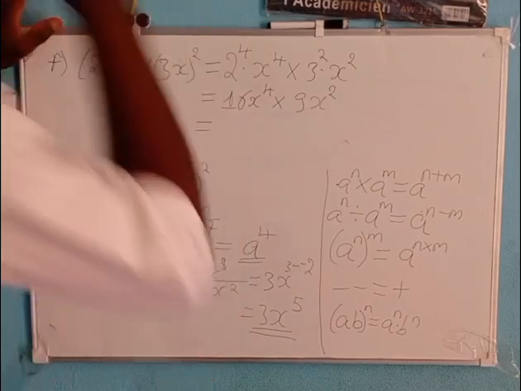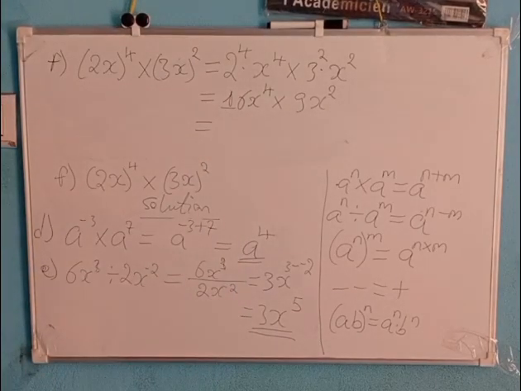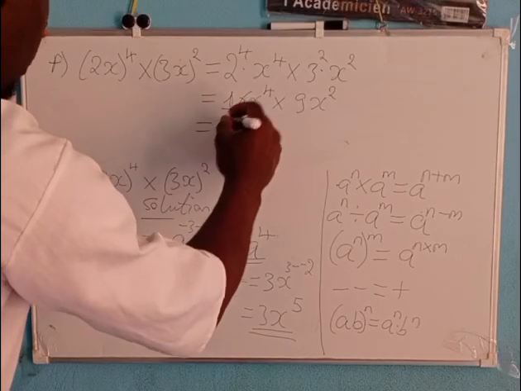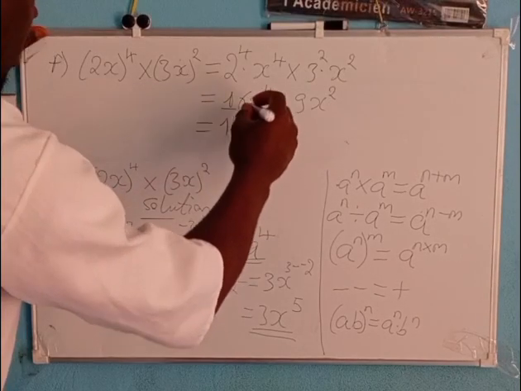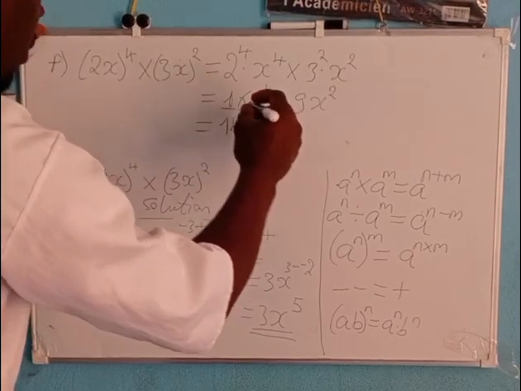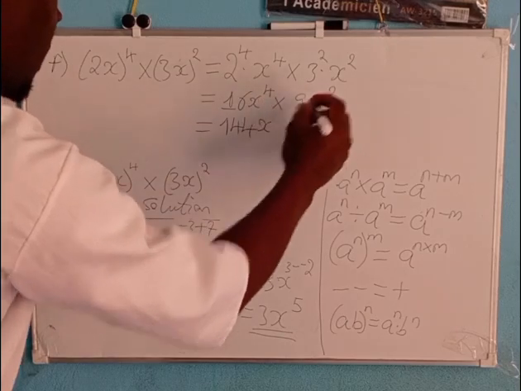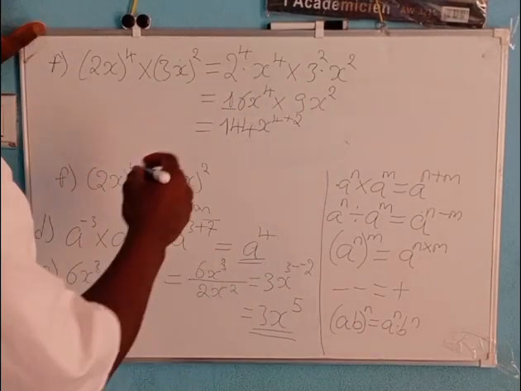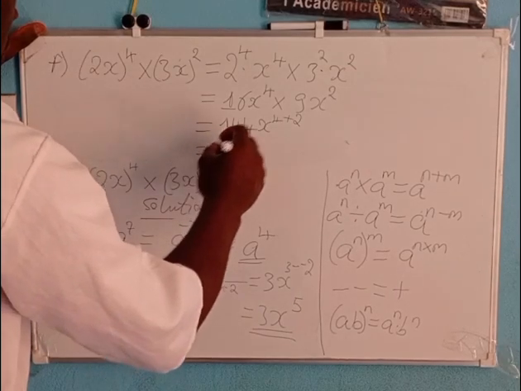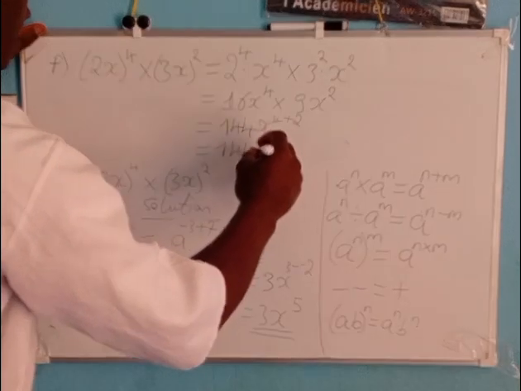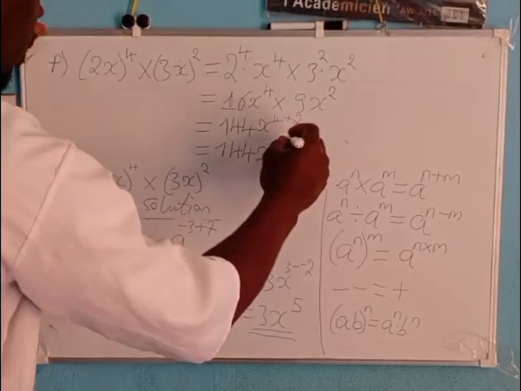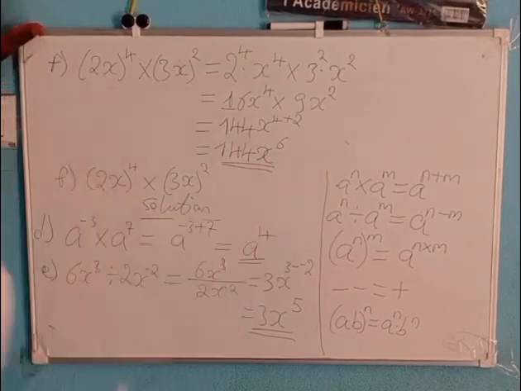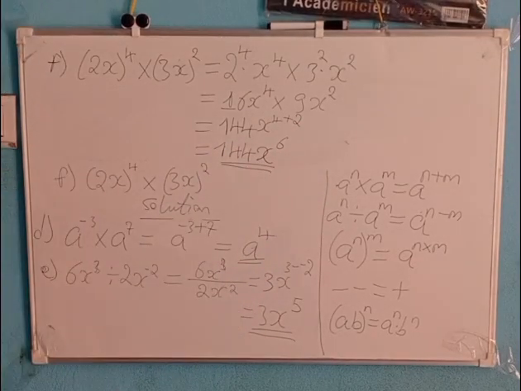This will simply be equal to, we are going to multiply their coefficients first. 16 times 9 gives us 144 times x to the power 4 times x squared gives us x to the power 4 plus 2. We are adding their powers, and this will simply be equal to 144 x raised to the power 4 plus 2, which is 6. We are done with the solution of the exercises.